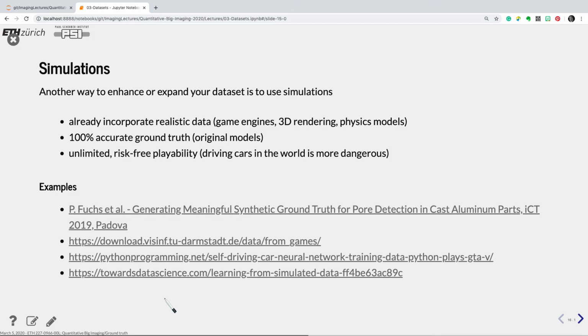I think I mentioned already in one previous lecture a case where they had aluminum blocks with some defects in them, and they created essentially a synthetic aluminum block, which then did the whole chain of first making forward projection, adding a lot of physics around how the X-rays go through the sample, and then they did a CT reconstruction, and afterwards they started doing the classification or segmentation on these.